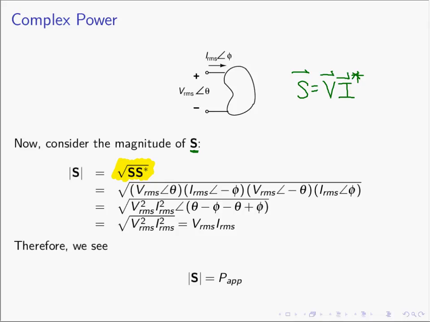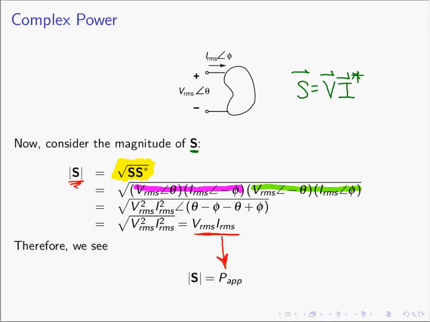Of course, S is going to be V RMS angle theta times I RMS angle minus phi. S conjugate is V RMS angle minus theta times I RMS angle phi. And then when you combine those together and collect all the terms, you see that the magnitude of S ends up being equal to V RMS I RMS, and that we've seen before.